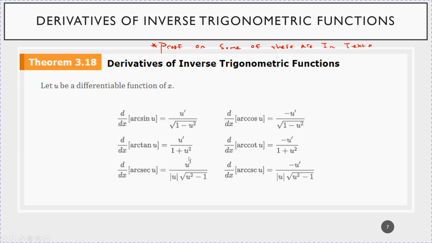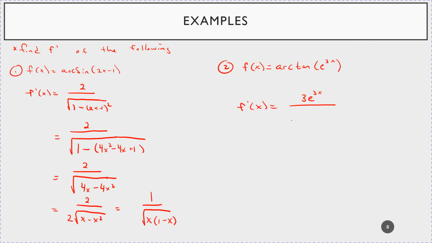So this is 1 plus, and then e to the 3x squared. Just cleaning this up a little bit, this is 3 e to the 3x all over 1 plus e to the 6x, since 3x times 2 gets me 6x right there. So again, just straight up applying the formula here.